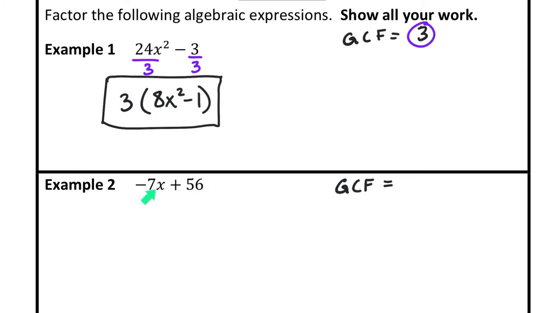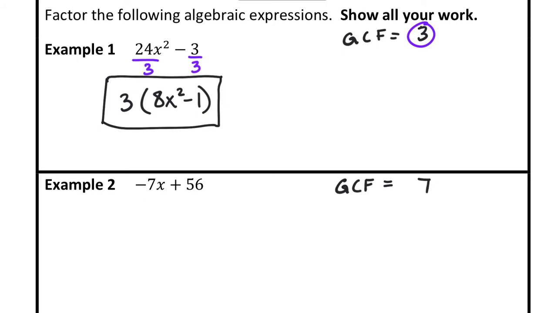So I see that there's a 7 here, so I would want to ask, is 56 divisible by 7? 7 times 7 is 49. 7 times 8 is 56. So yeah, we have 7 as the GCF.